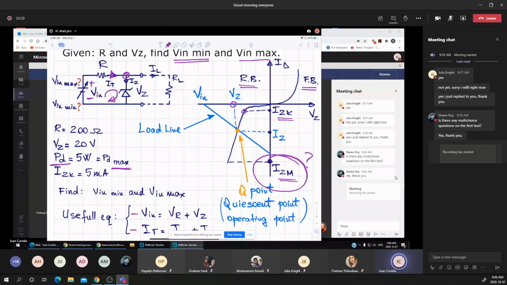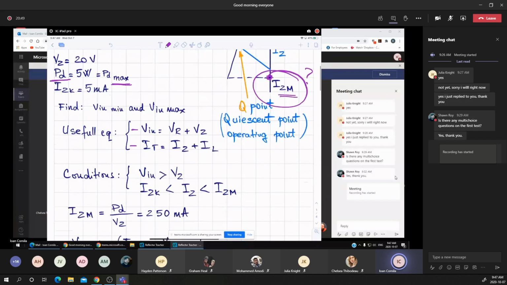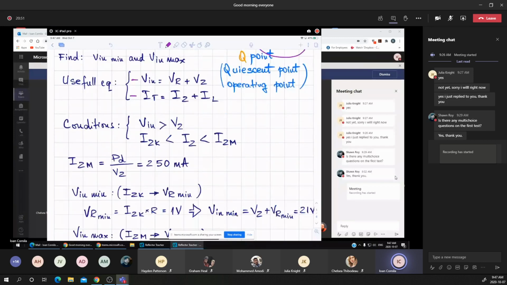Knowing the maximum power dissipation and knowing the V_z, we can determine the limit of the current that can flow through the diode. Remember that the I_Z max, or the maximum current, is the maximum power dissipation across the diode divided by V_z.